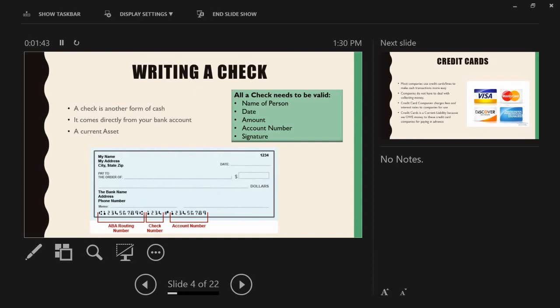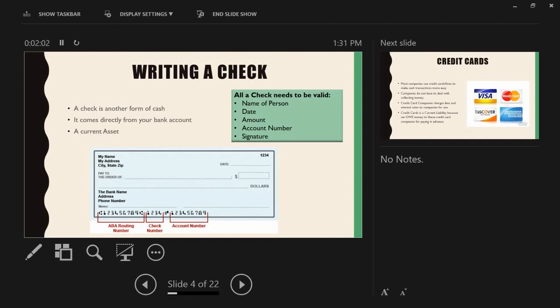The date's going to validate when they can take the money out. If they write a date in advance, which most companies do, you're not able to cash out that check until the date that it's valid for.